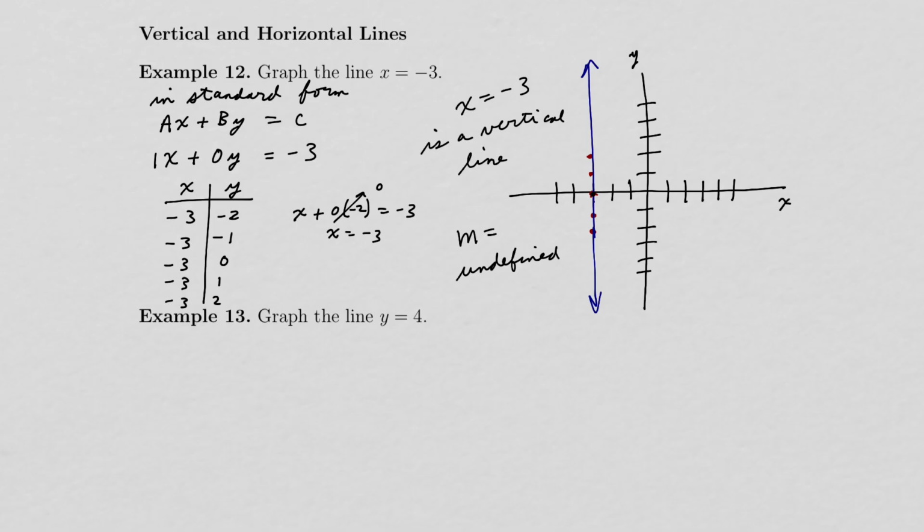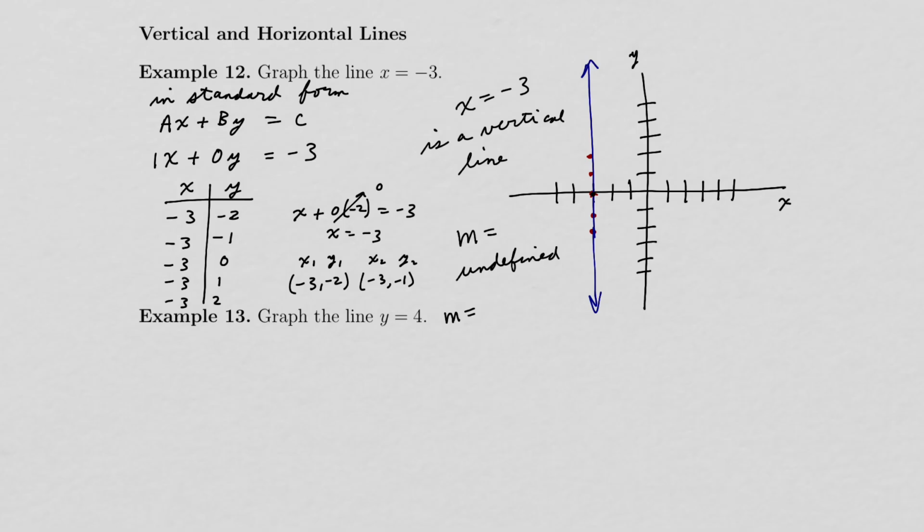By the way, you could show that by plugging in 2 points, right? Let's say I calculate the slope, and I use the first 2 points here. So I use negative 3, negative 2, and then negative 3, negative 1. This is x1, y1, x2, y2.